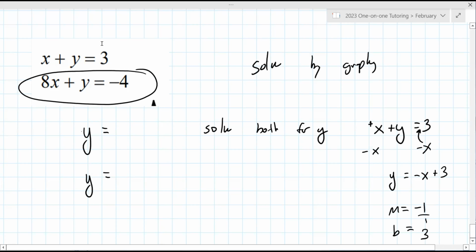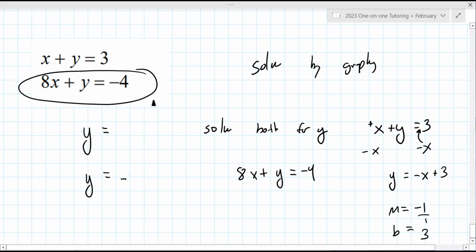I'd like you to try solving the second one for y, please. What I got was y equals... for the slope I got -12/1.